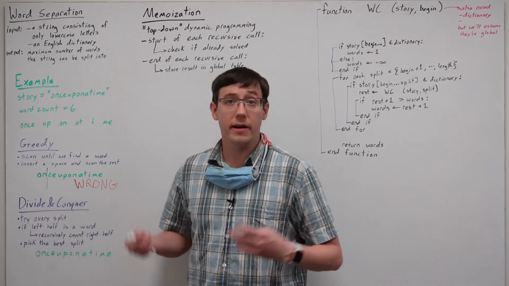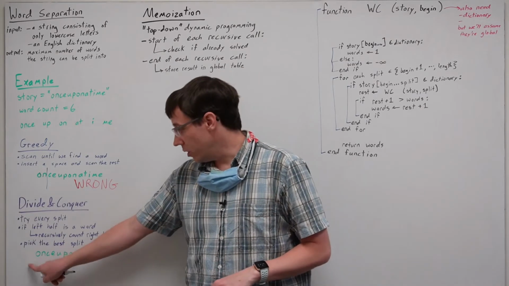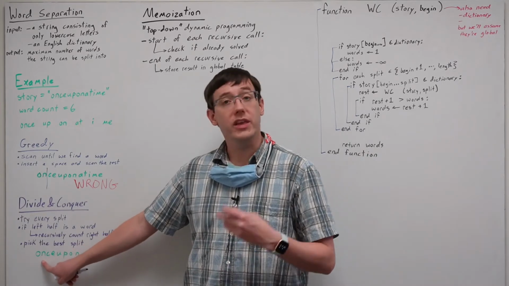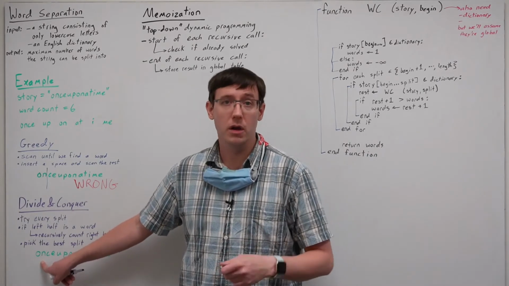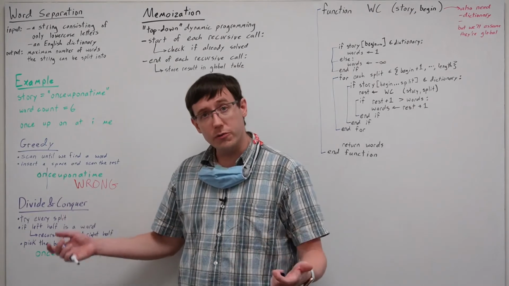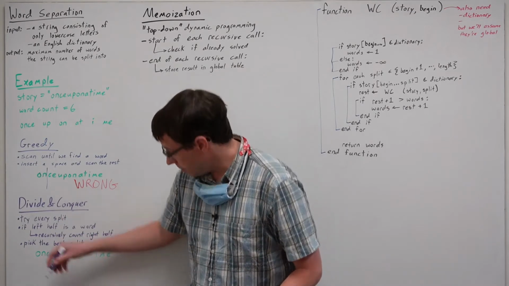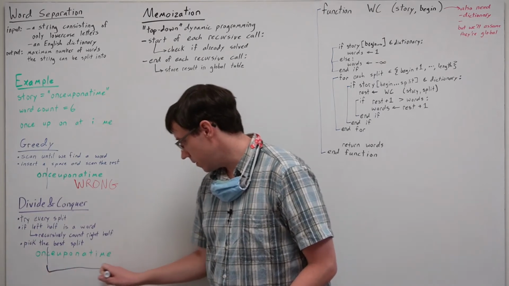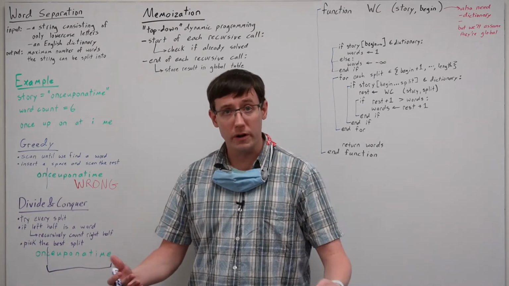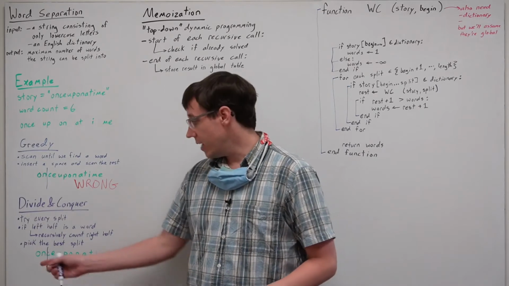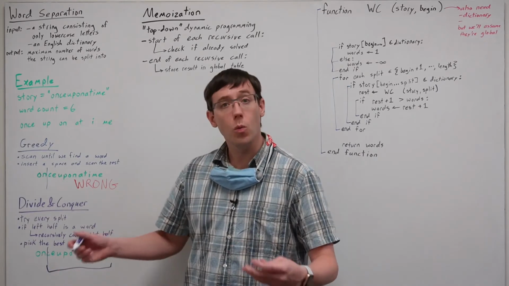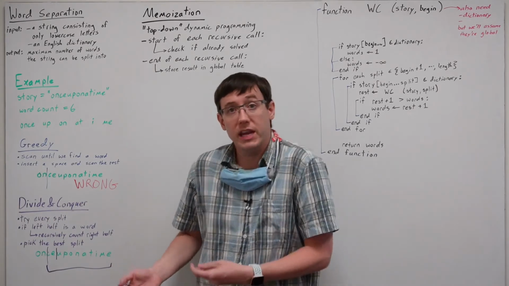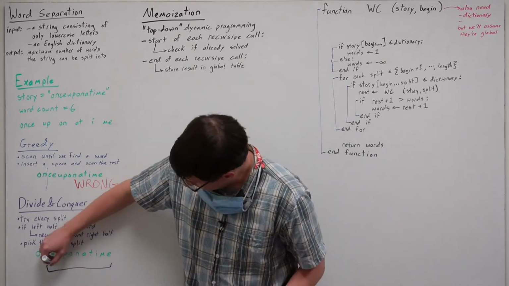If we ran it on our example string, we would loop through the characters, and each time we find that the characters so far are a word, we will recurse. So we'll first recognize the word on, and we will recursively solve the word count of the remainder, and then we'll recognize the word once, and recursively count the words in what remains.